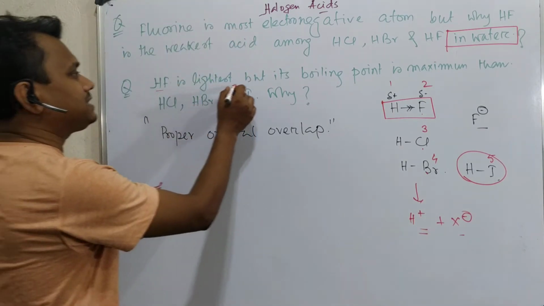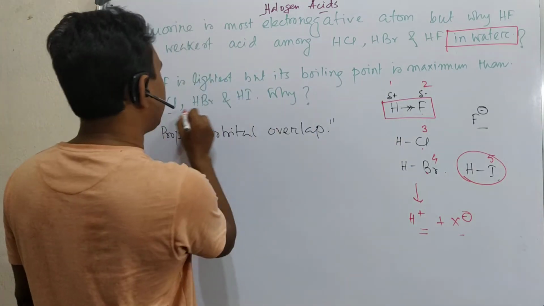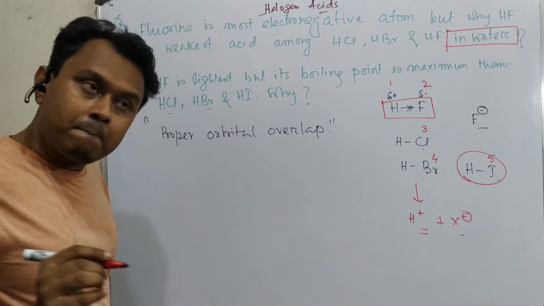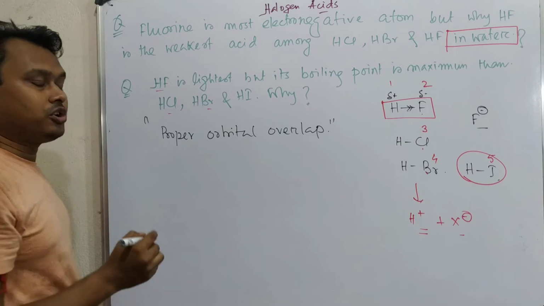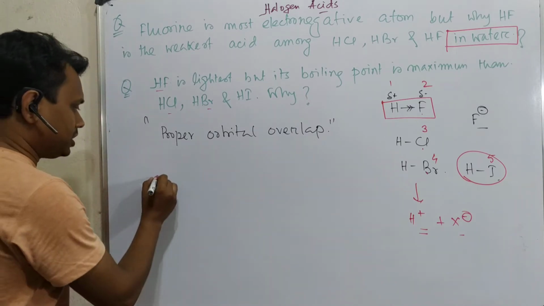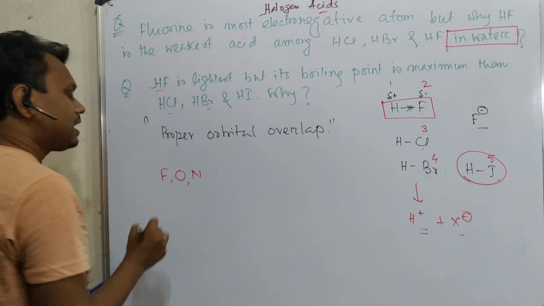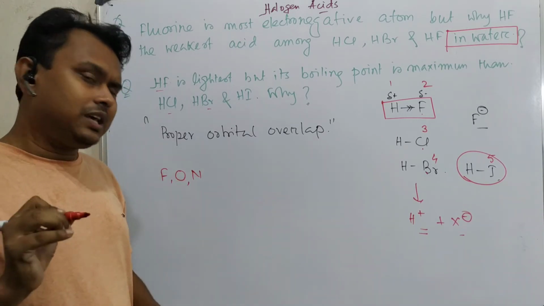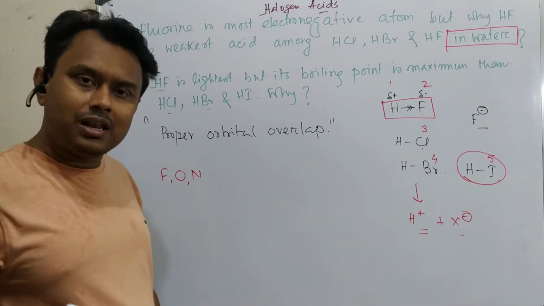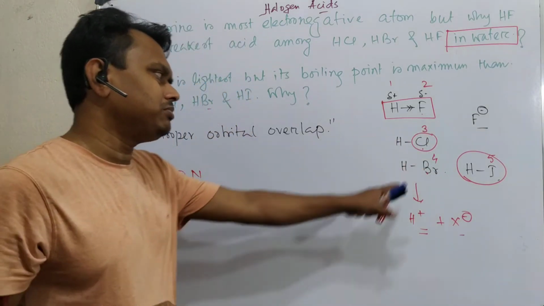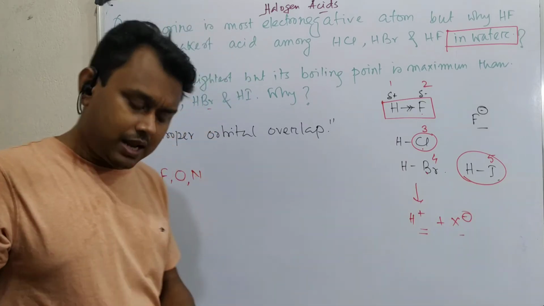So HF is the lightest, but its boiling point is maximum. Why? Because HF can form very efficient hydrogen bonding. We know that the elements fluorine, oxygen, nitrogen can form very strong hydrogen bonding. There are some exceptional examples like chloral hydrate, where we can observe chlorine forming stable hydrogen bonding, but others don't form that stable hydrogen bonding.